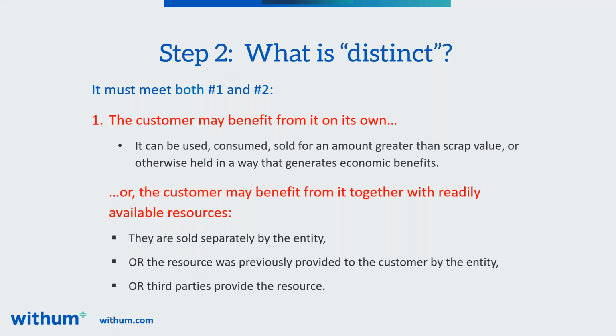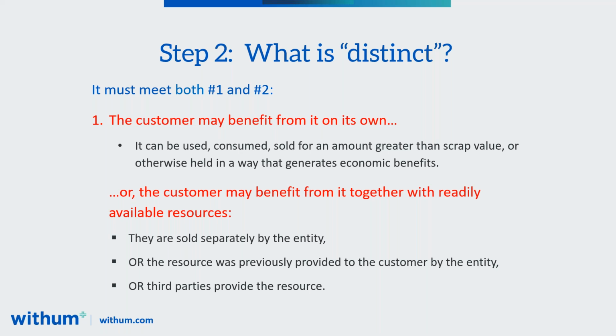And I will tell you that this first part of the definition of distinct usually isn't terribly difficult or terribly challenging. As it says on the slide, benefiting from its own can be in the sense of, can it be used? Can it be consumed? If it's a good, can it be sold for an amount greater than scrap value? Or can the customer utilize it together with other readily available resources?